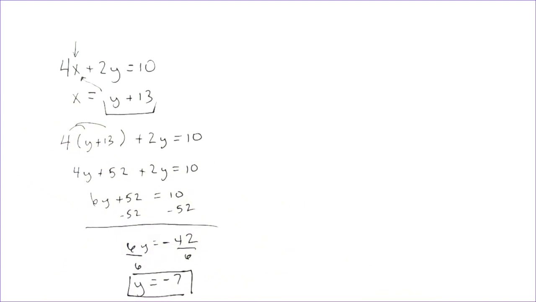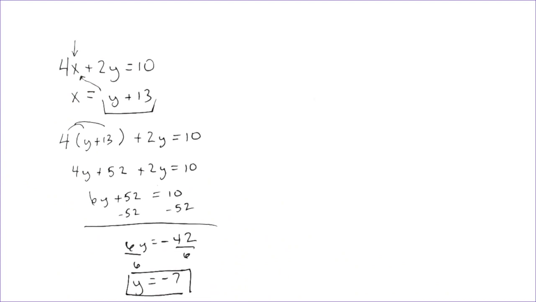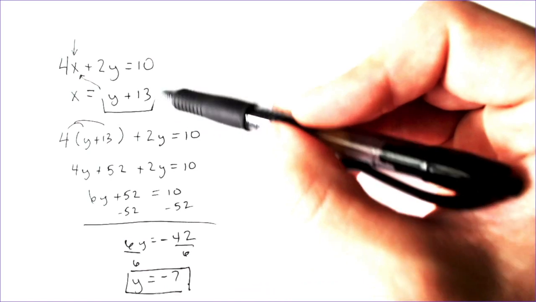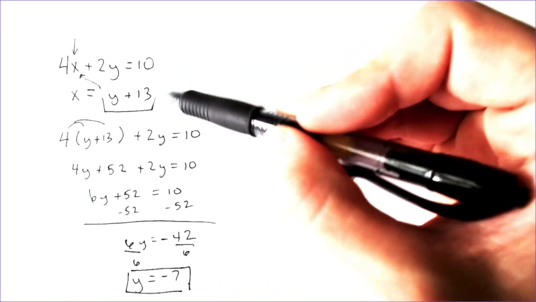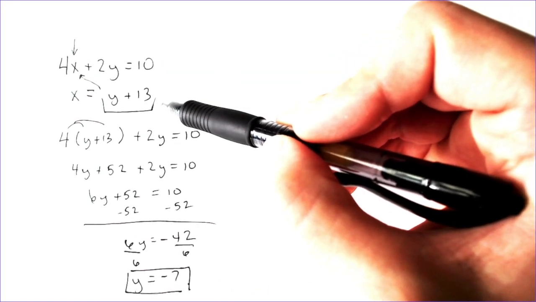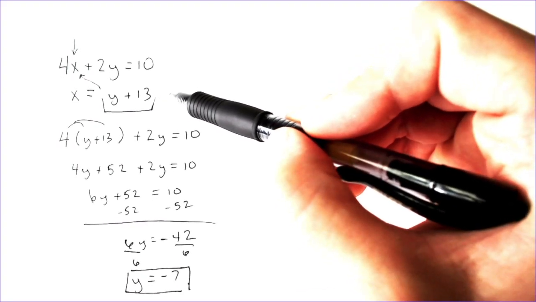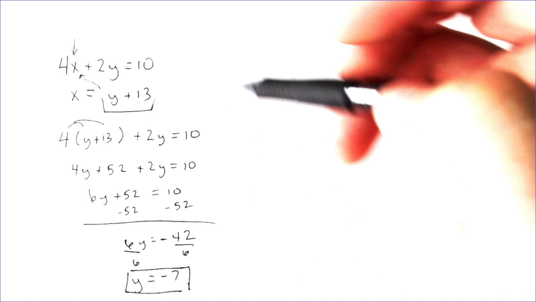Now, because this is a system of equations, we have an x value and a y value that we will have to find out. Because I have the y value, I can now plug it into either of the two equations. I can plug it into either one, but I'm going to plug it into the easier one, which in this case is the bottom equation. I'm going to plug in negative 7 for y there.